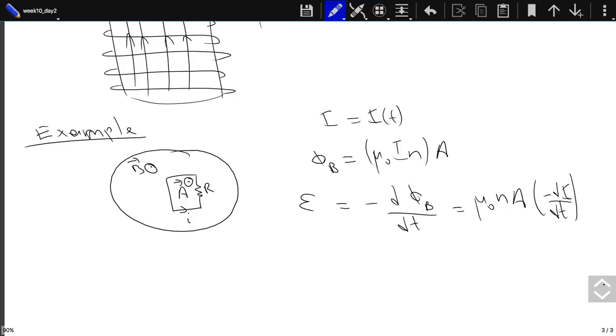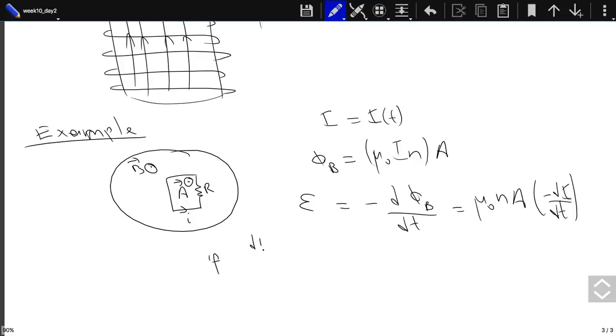So if I is increasing in time, the flux is increasing in time, right? It was a positive number, and furthermore, it's increasing in time, so its magnitude is getting larger in that direction. Do you agree? Now, if the current in my solenoid is increasing, the current in my circuit will be in this direction, opposite to this I. Let me write it down.